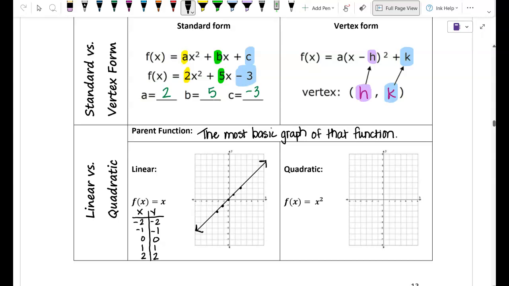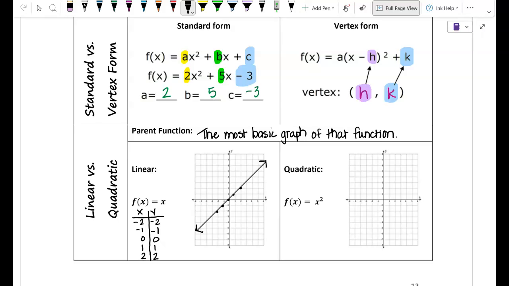Again, we didn't call it a parent function, but that's really what it is. Every other line is some transformation of that line. Whether the slope changes or the position changes up or down, left or right, every other line is a transformation of that line.